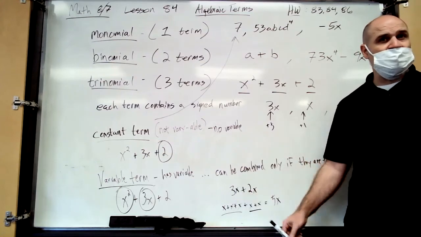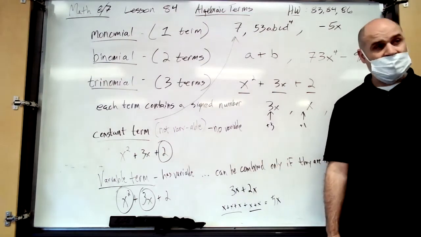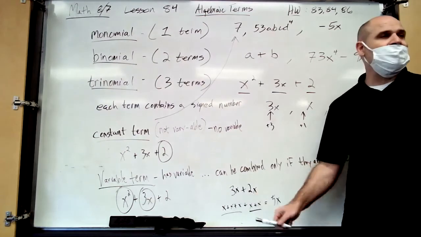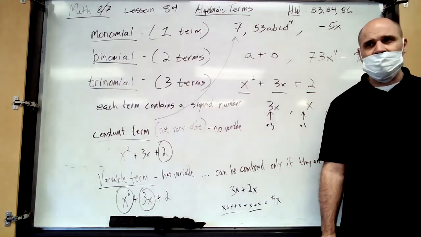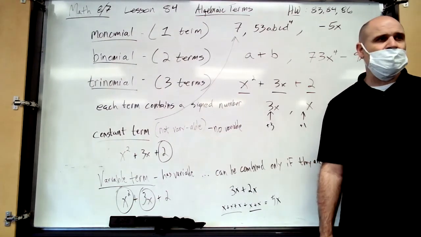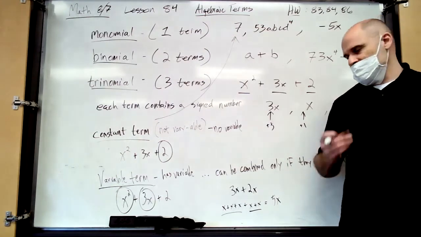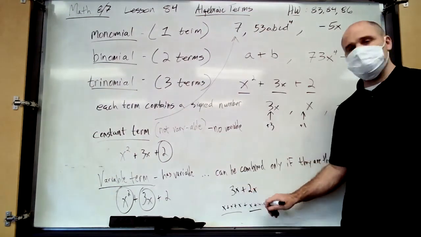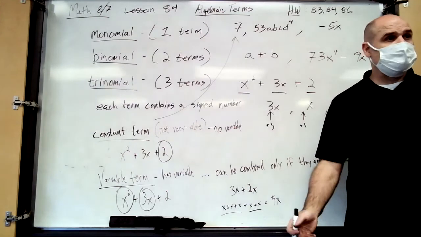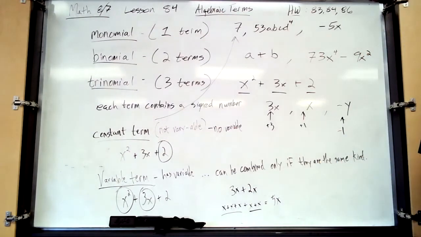What's 3 apples plus 2 apples? 5 apples. So this x is kind of like a label that our math teachers used to make us put in our answers, right? Or what's 3 inches plus 2 inches? 5 inches. So 3x could be anything. Elephants.